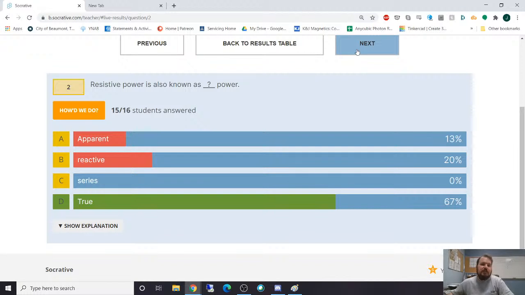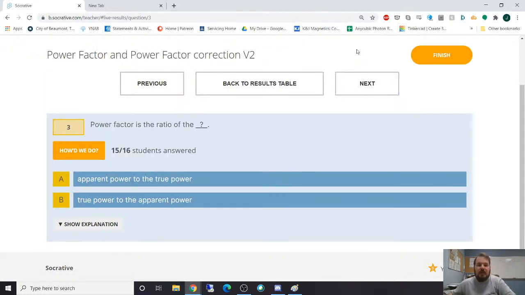Power factor is the ratio of the true power to the apparent power. So that is the formula for power factor. To find power factor, you just divide true power by the apparent power.